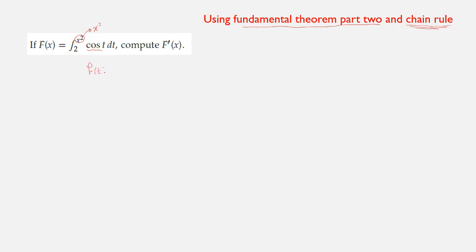We have f of t equal to cosine t, so F dash of x will be equal to cosine x squared. We substitute with the upper limit of the integration multiplied by d(x squared) over dx, and we know that the derivative of x squared is 2x, so 2x cosine x squared is the answer.